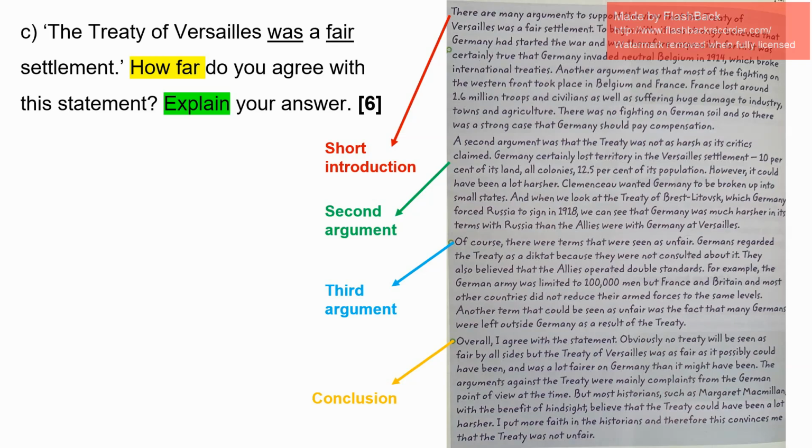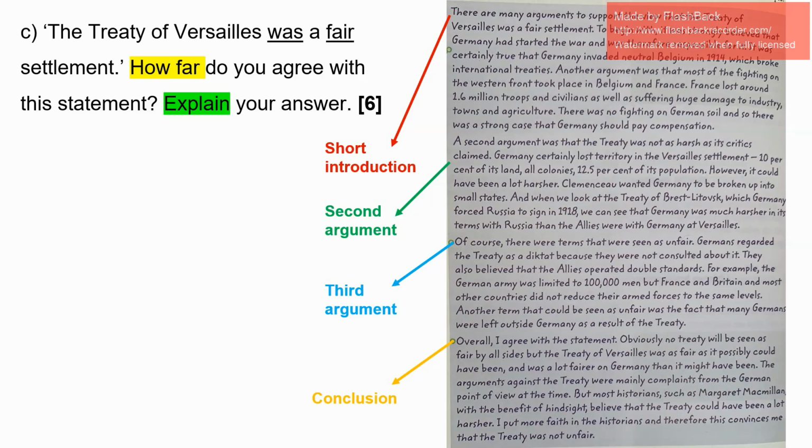Maybe you have more arguments to say that the treaty was fair, and your conclusion can lean on that, and then you would slightly agree with that statement, and that needs to be written in your conclusion. Or maybe you have more arguments in favor of the fact that the Treaty of Versailles was not fair, and your answer leans slightly on that conclusion, and you say that maybe that statement is not as true as it should be.